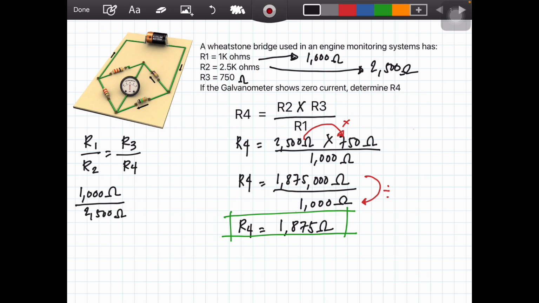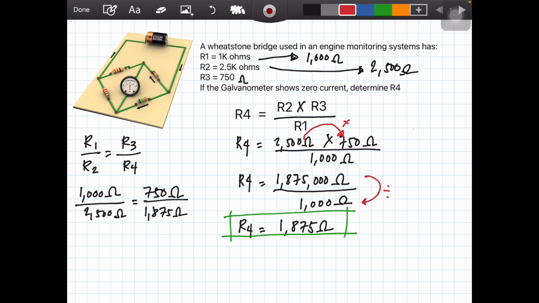Equals R3, which is 750 ohms, over R4, ayun na nga, we have it, 1,875 ohms.